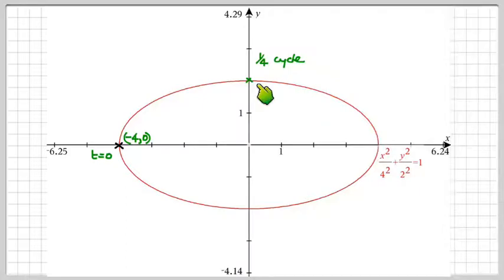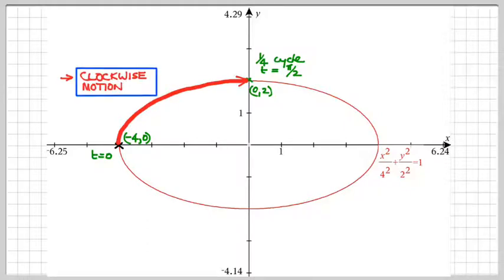We'll use a quarter cycle. You get an unambiguous result. So that means, yes, that's when t is pi on 2, and that's the position that we're at after a quarter of a cycle, which means the only way we could have gone from there to there is that way. So, is that clockwise or anti-clockwise? Of course it's a clockwise motion, isn't it? Yeah? It's a clockwise motion.